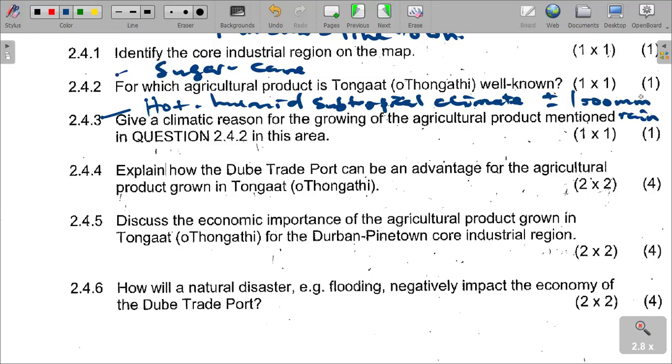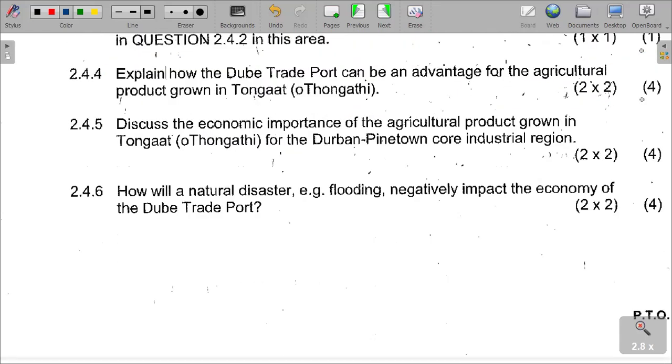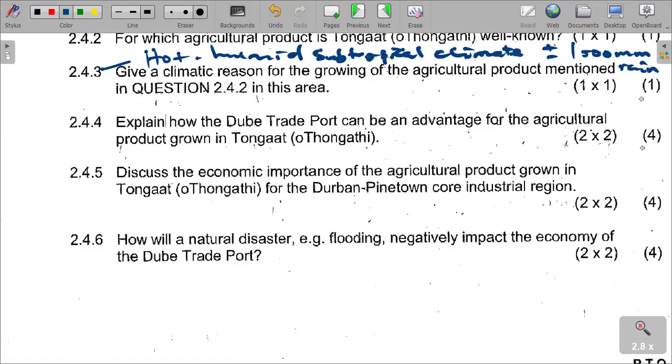You understand? And then explain how the dual trade port can be an advantage for the agricultural product in this place. How can it be an advantage?